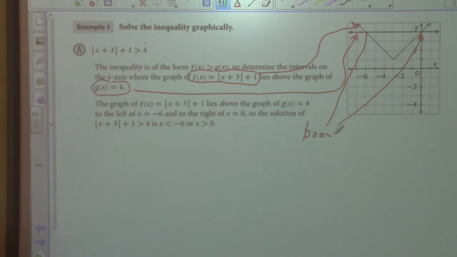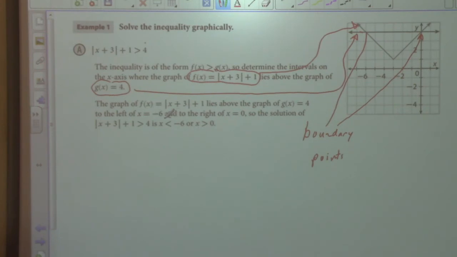Yeah. And so in an inequality, you know your answer is going to be these values in here or the values to the outside. So what do we have here? These values between -6 and 0, or the values outside of -6 and 0. Outside. Okay, Siggy says outside. Is he right about that?